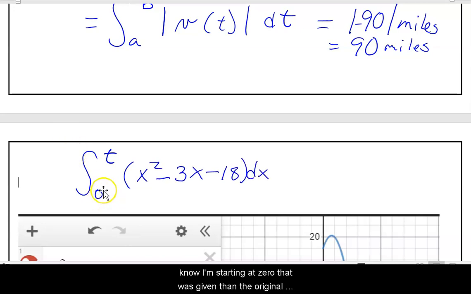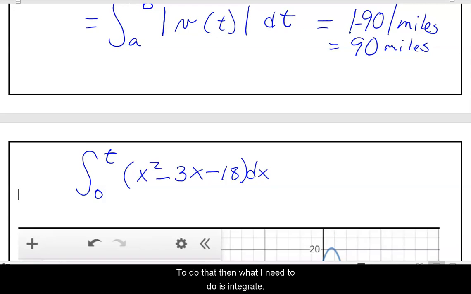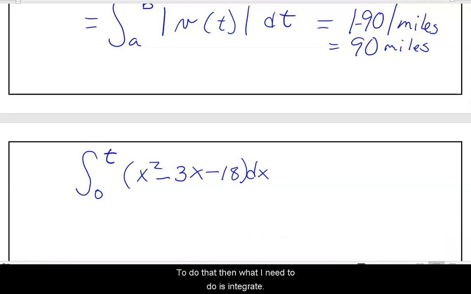I know I'm starting at 0. That was given in the original description of the problem, but now I want to go to some unknown time value that's between 0 and 6. To do that, I need to integrate. I will do the integration and then plug in the limits of integration.